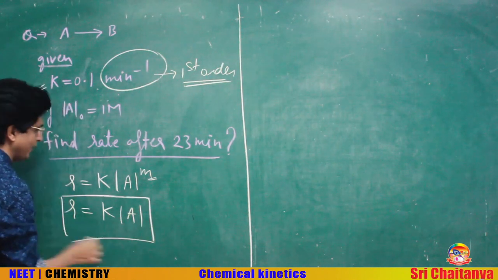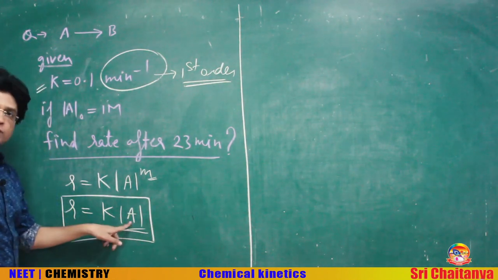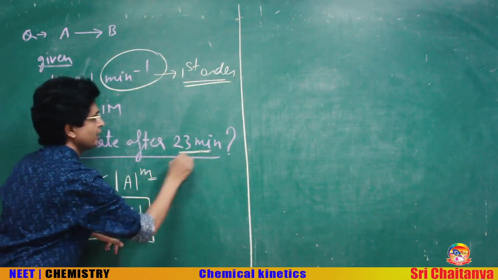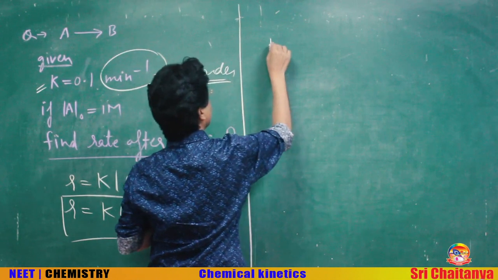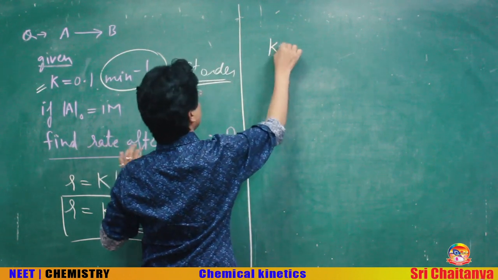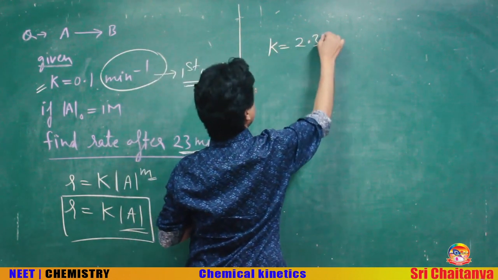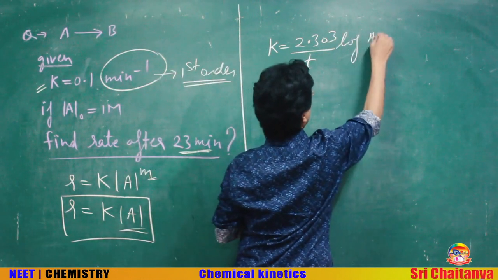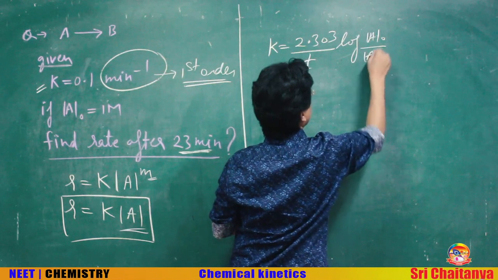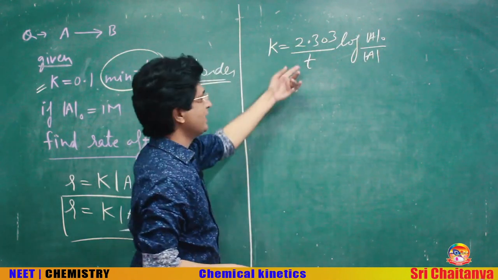Now my job is to find out amount of A or the concentration of A after 23 minutes. We can do that very well. How? For first order reaction, I know that K is equal to 2.303 upon T log of initial amount A naught upon A, remaining amount after 23 minutes.